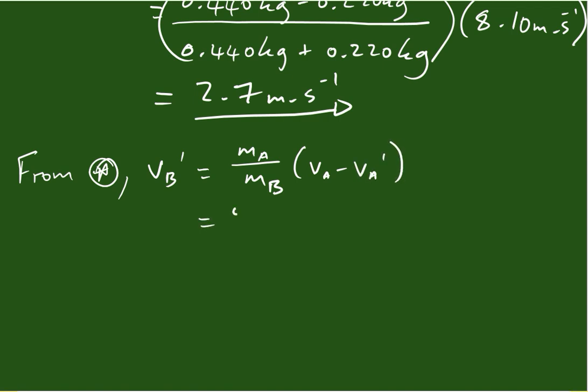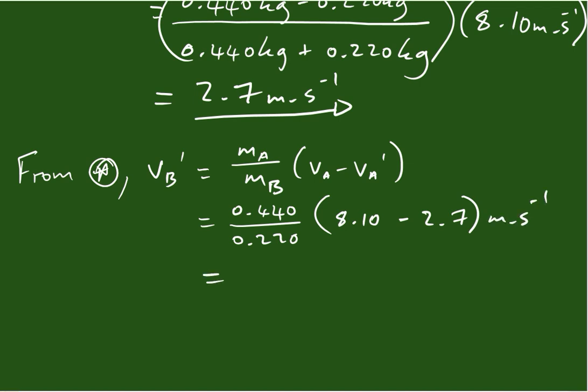So MA we know is 0.440. I'm not going to bother with the kilograms now, we know the stuff cancelled. VA, the initial velocity was 8.10, and then now it's minus 2.7 meters per second here. And if we plug this into the calculator, this is 10.8 meters per second.